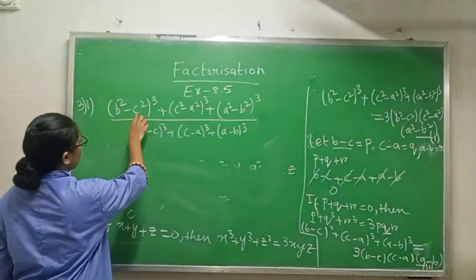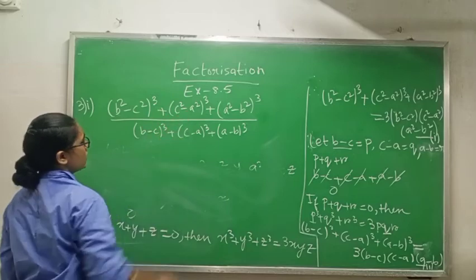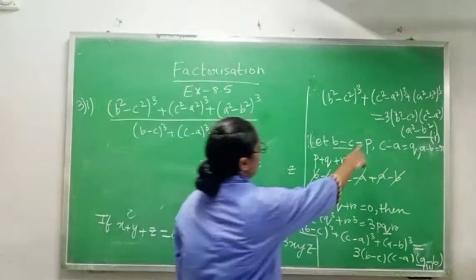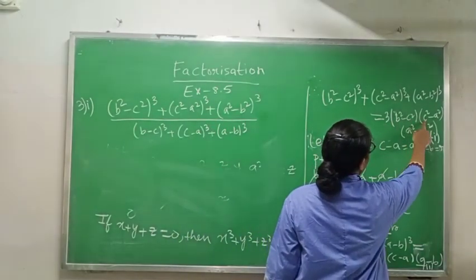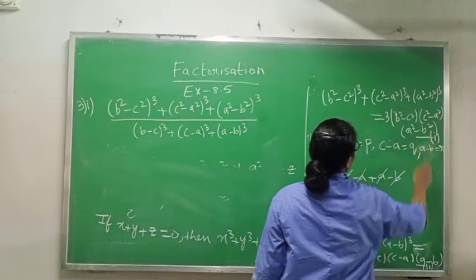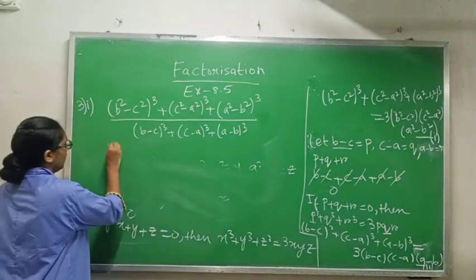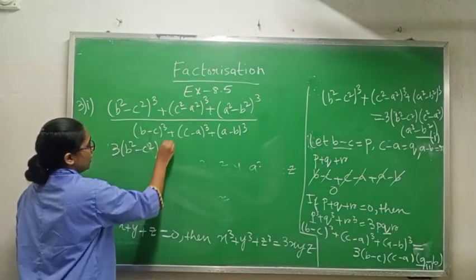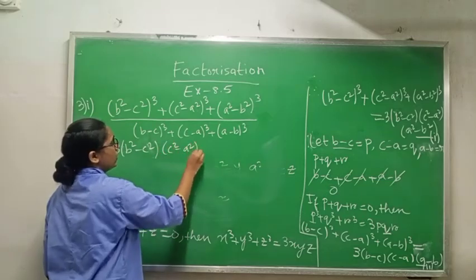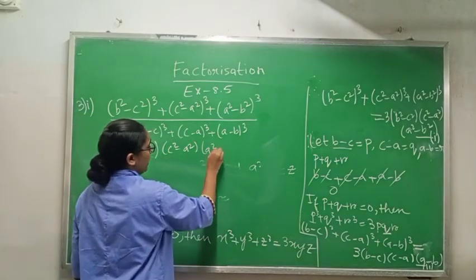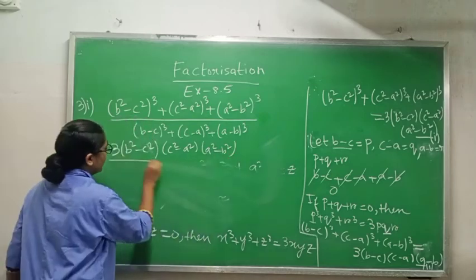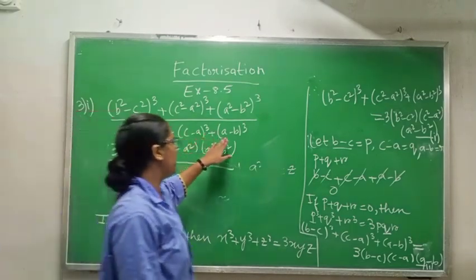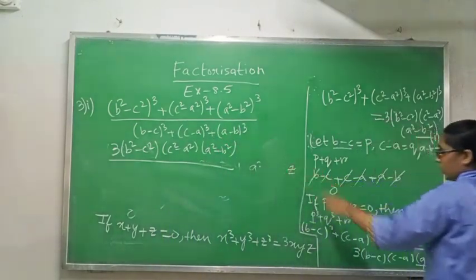Now (b² − c²)³ + (c² − a²)³ + (a² − b²)³. In this place, what you will put is 3(b² − c²)(c² − a²)(a² − b²). So I am writing 3(b² − c²)(c² − a²)(a² − b²). Again, you can see you got (b − c)³ + (c − a)³ + (a − b)³.